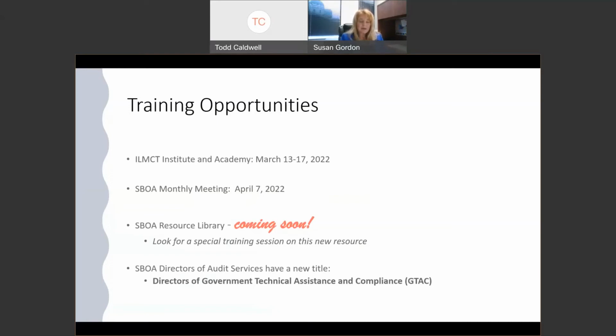So now you should be able to go in, it's not out yet, but when it comes out, you should be able to go in and search a particular word like maybe transfers or appropriations or deposits, and then the information that we have related to that subject will come up rather than trying to go to the index for the bulletins or search through 10 years of bulletins to find the right article. You should be able to just enter a keyword and it will come up.